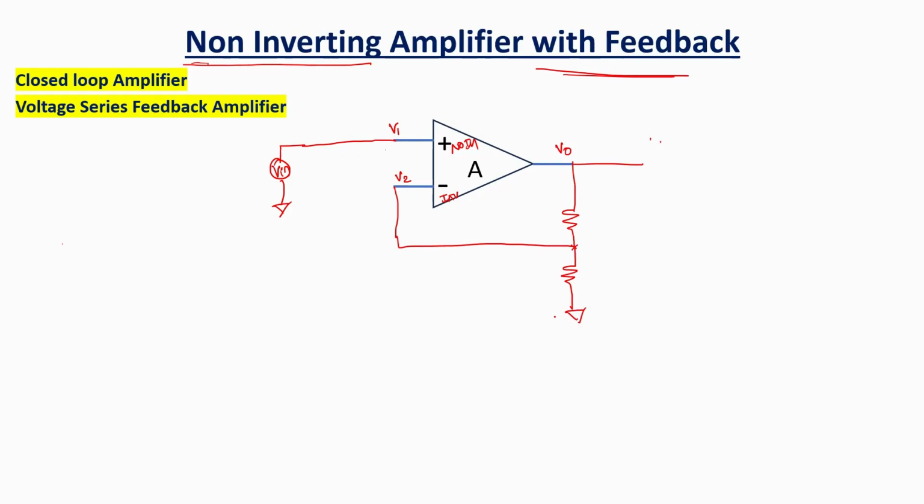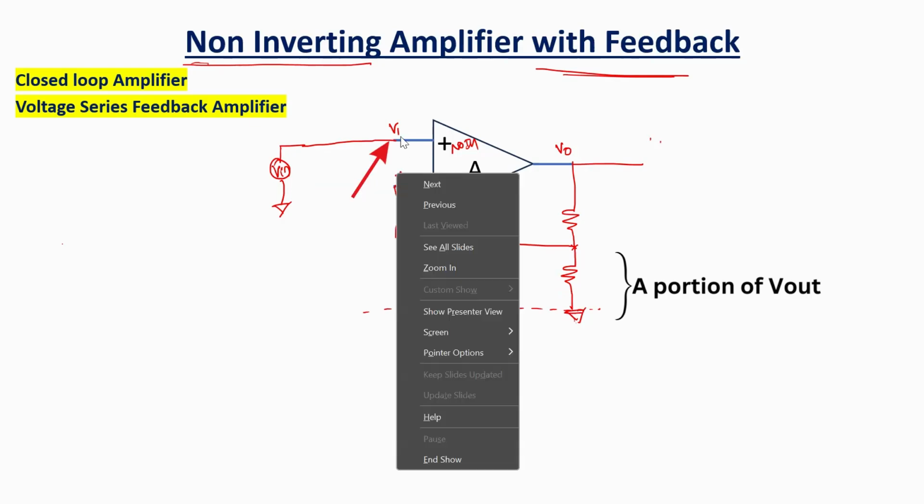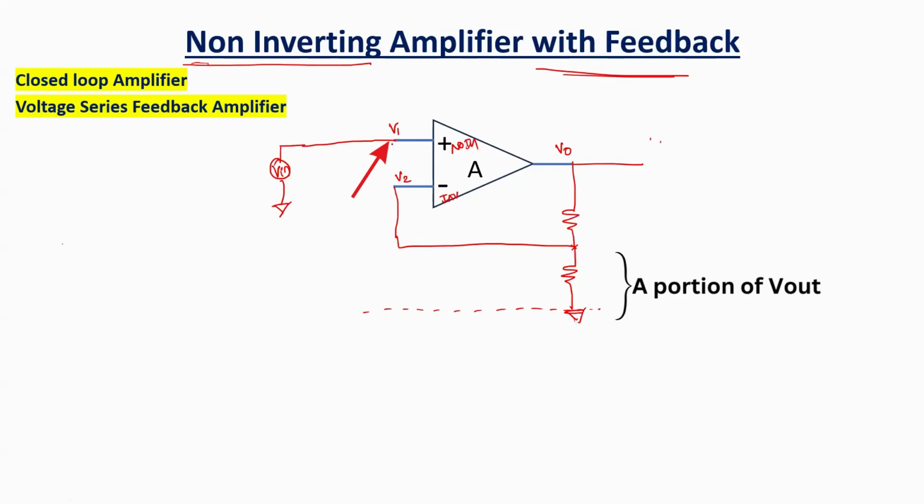For all the people who are in the initial engineering semesters, you can see that the voltage across this particular resistor is with respect to the ground. The voltage across this terminal is with respect to the ground. The voltage across this resistor is again with respect to the ground. Voltages are measured with respect to the ground. For simplicity, I call this R1, and this is called RF. This is V out.